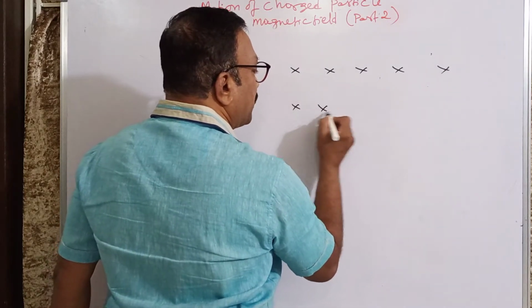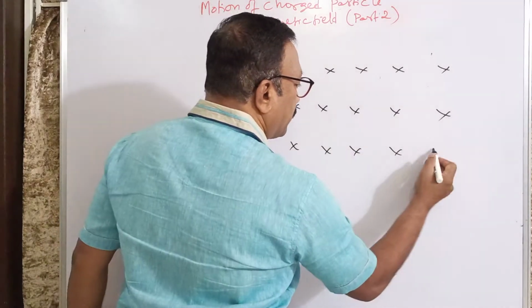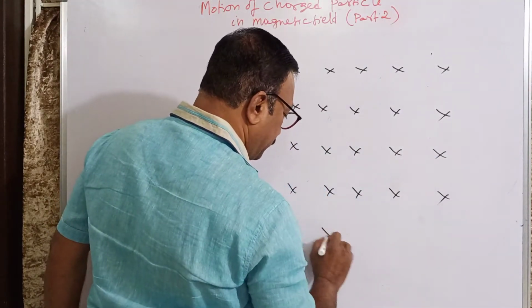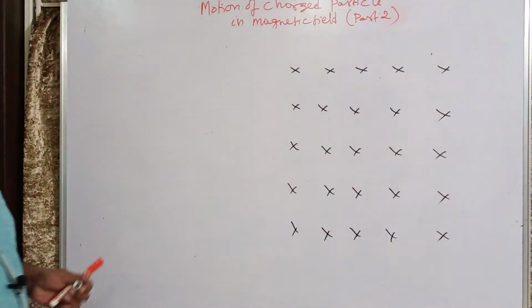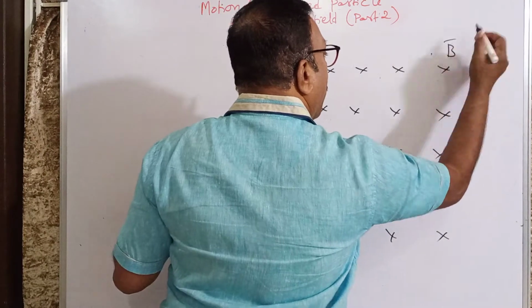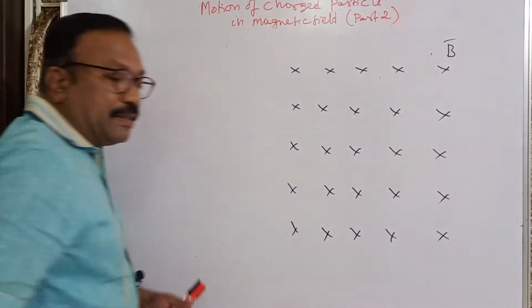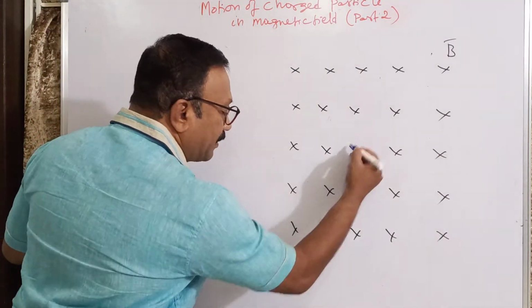In this type of question, this is a magnetic field, B bar. A particle is entering into the magnetic field like this.